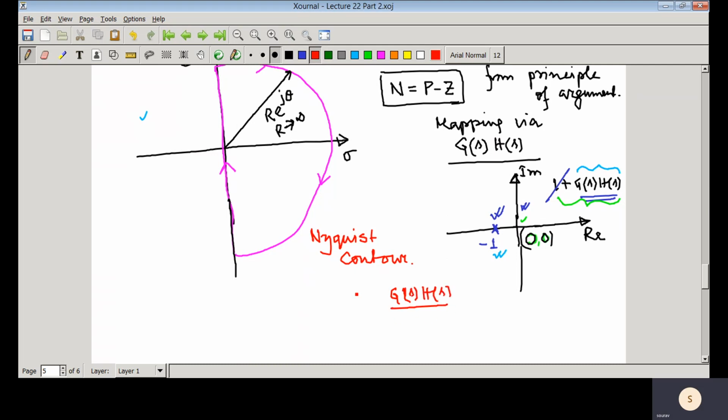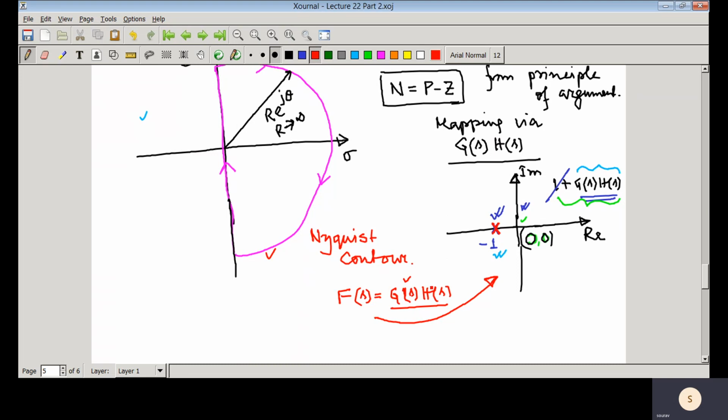So if we consider that this is that function, f of s equal to g of s h of s, and we map this particular contour via this function, then we need to see the encirclement of the contour about this minus 1 plus j0 point.